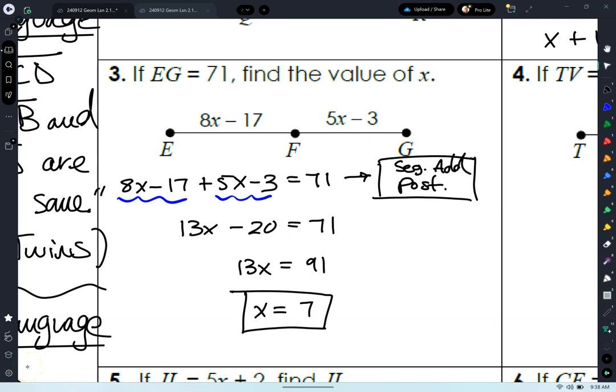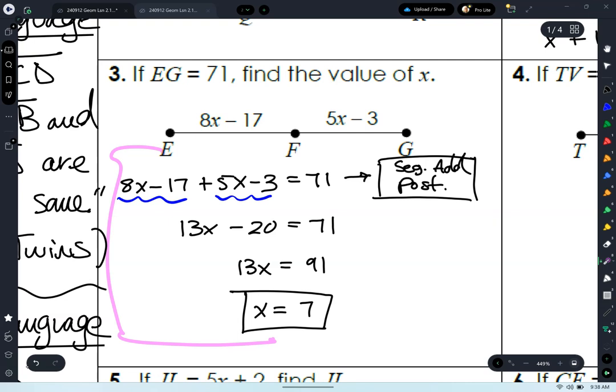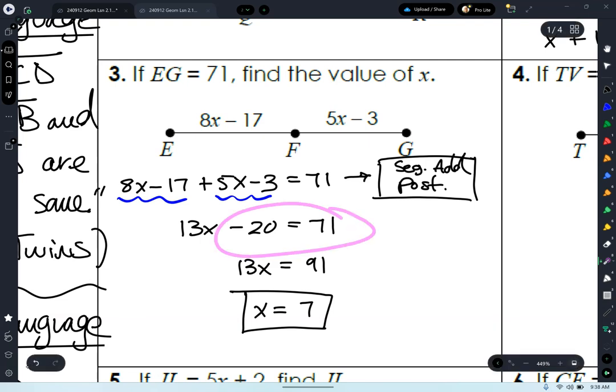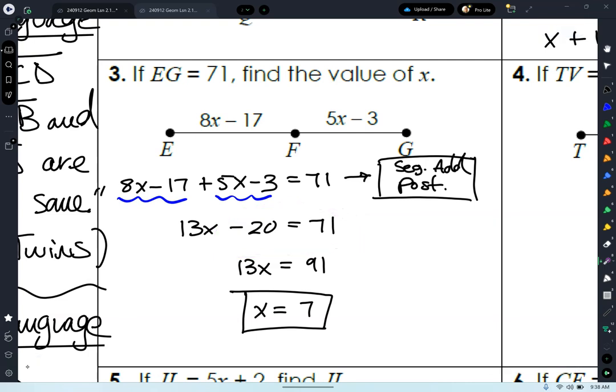Should have come up with x equals 7. Okay, now let's talk about work. We are now at the point where I don't want to see all of the stuff that goes on in between the lines here, okay? You should be able to combine like terms. You should be able to add 20 to both sides, and I don't need to see all of that.